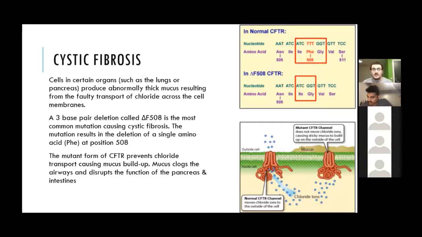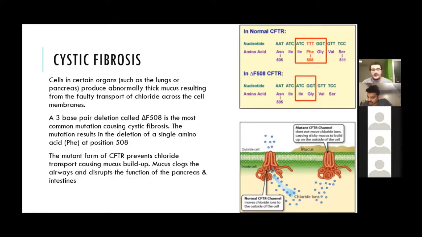This is why, with people with cystic fibrosis, bacteria live in their lungs. Because this specific function is defective, it causes the buildup of mucus and also a buildup of bacteria within the mucus.